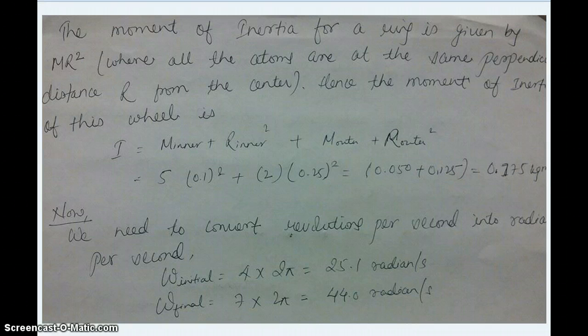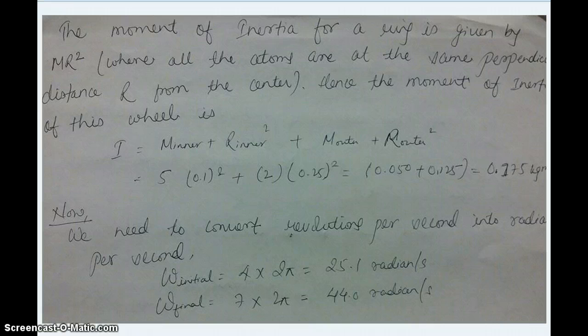From the formula that we derived when we first calculated the inertia for any shaped object, we are given that for a ring the moment of inertia is m r squared, where all the atoms are at the same perpendicular distance r from the center.